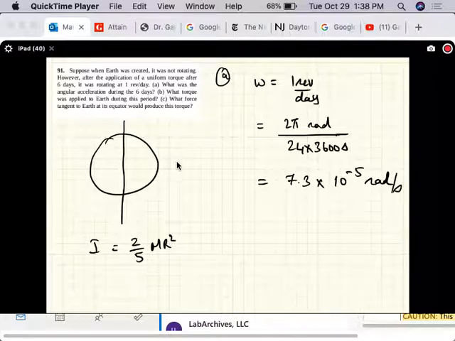So the angular speed of the Earth right now is 7.3 times 10 to the minus 5 radians per second. That's the angular speed of the Earth.